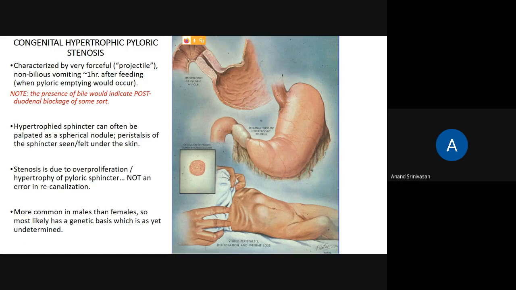And they can also go in for electrolyte imbalance. Why? Because the stomach, as you know, has acid. It secretes acid, HCl. So because of the vomit in hypertrophic pyloric stenosis, if the child keeps on vomiting, what happens? The acid is let out and the child can go in for alkalosis.